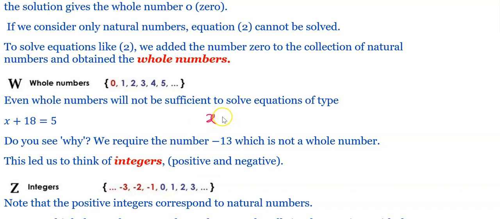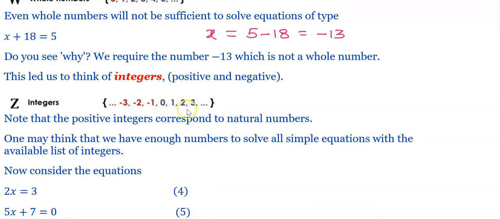Again, now consider the equation x + 18 = 5. If I shift this 18 to the right-hand side, I will get x = 5 - 18, and therefore it is -13. Now -13 is not an element of the set of whole numbers, and that's why we consider another set, the set of integers, which contains the elements 0, 1, 2, 3 up to infinity and -1, -2, -3 up to minus infinity.